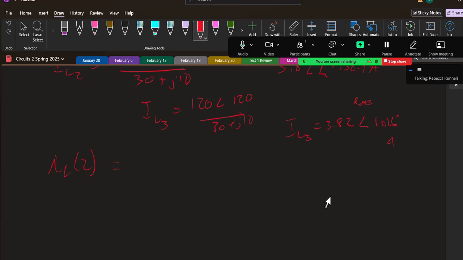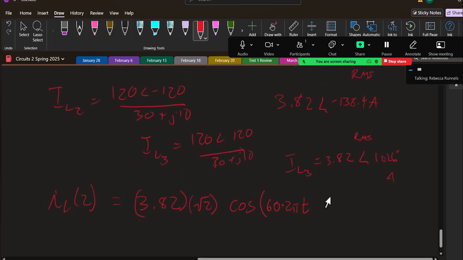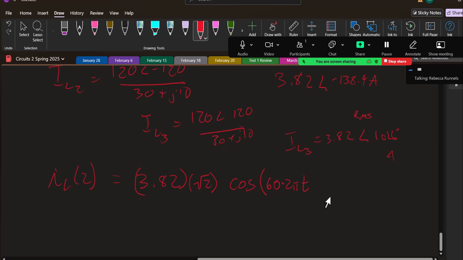Also remember they're RMS, so it's the square root of 2 times the magnitude times cosine of omega t plus the angle. For IL1 that was negative 18.4, and for IL2 I had negative 138.4.